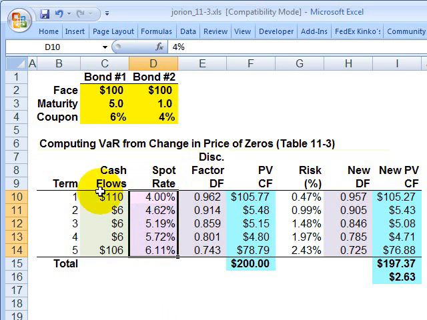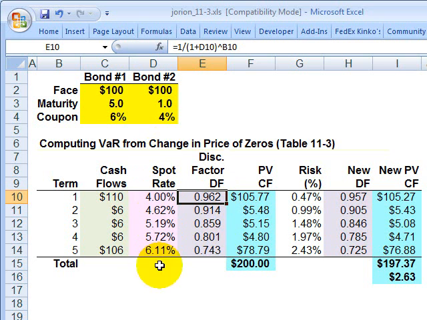Then we have, this is an input assumption, the theoretical term structure of spot rates. It's naturally upward sloping, and it corresponds to the yield on a zero coupon bond. Then we have the discount factors, which are computed based on the spot rates.